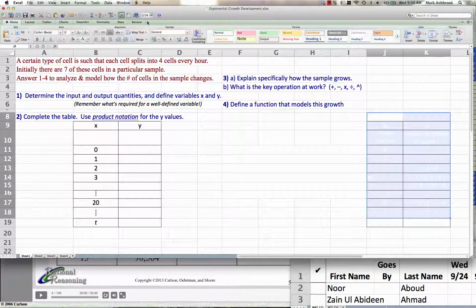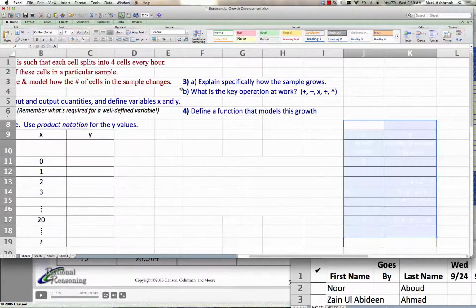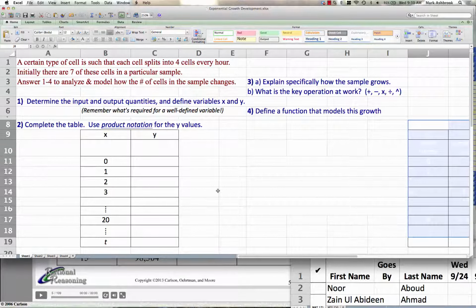Let's try 250. So initially, a certain type of cell is such that each cell splits into 4 cells every hour. Initially, there are 7 cells in a particular sample. Answer 1 through 4 to analyze and model how the number of cells in the sample changes. So you've got 4 things to do there in the blue.